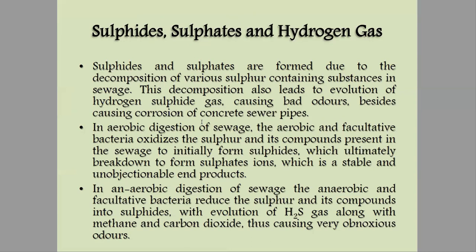We already know that H2S is formed in major concentration when the reaction is anaerobic, and this leads to foul smell or bad odor, causing bad odors besides causing corrosion of concrete sewer pipes.